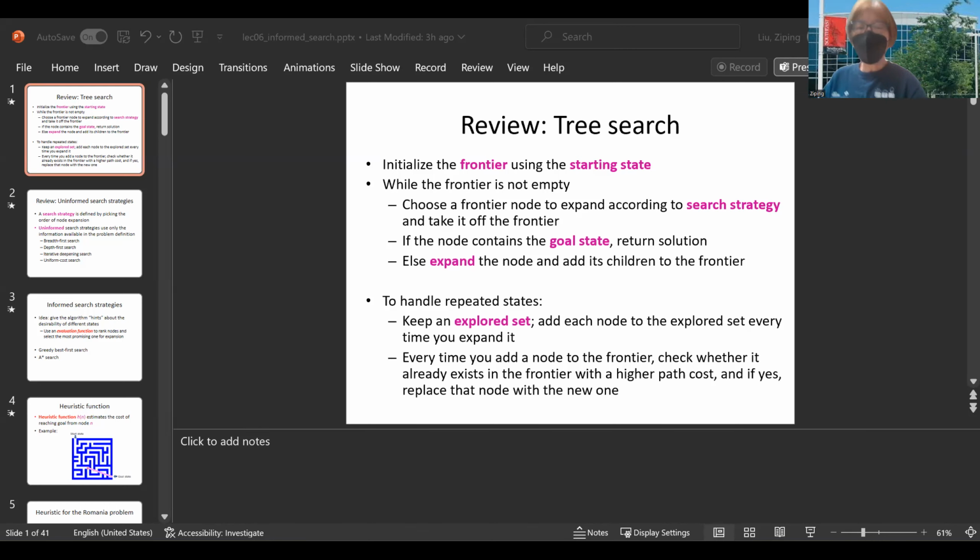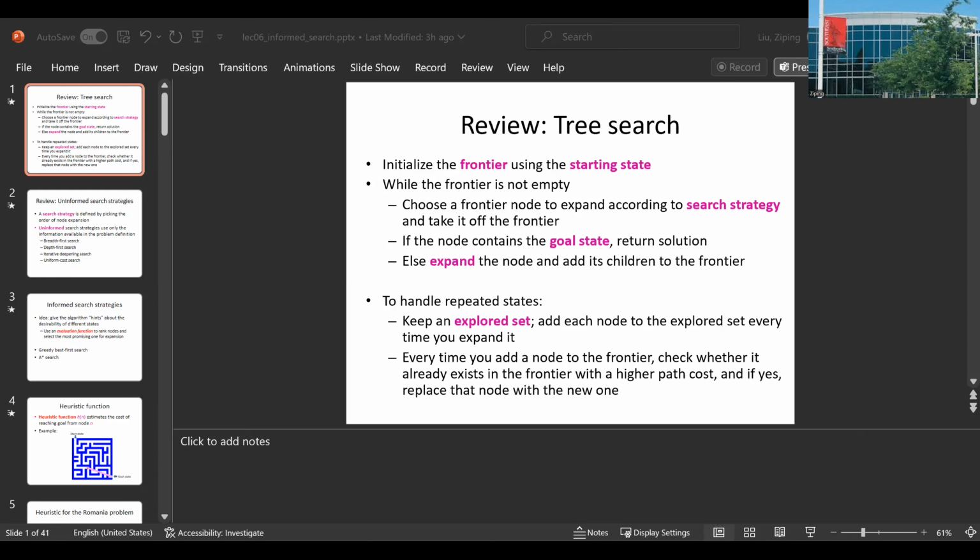So let's take a look at the example. From Arad, it has 3 neighbors. So we add those 3 neighbors to the frontier.